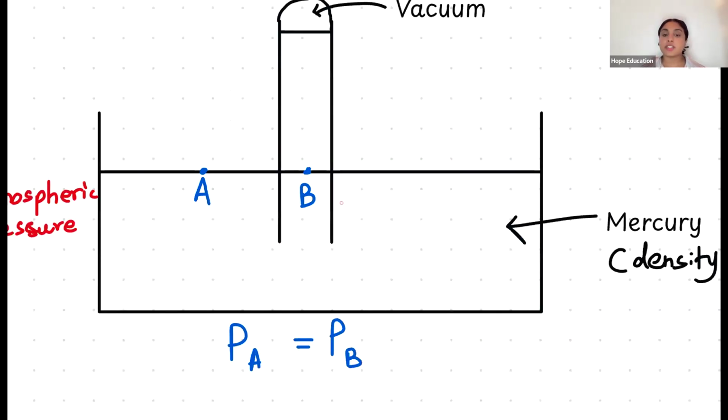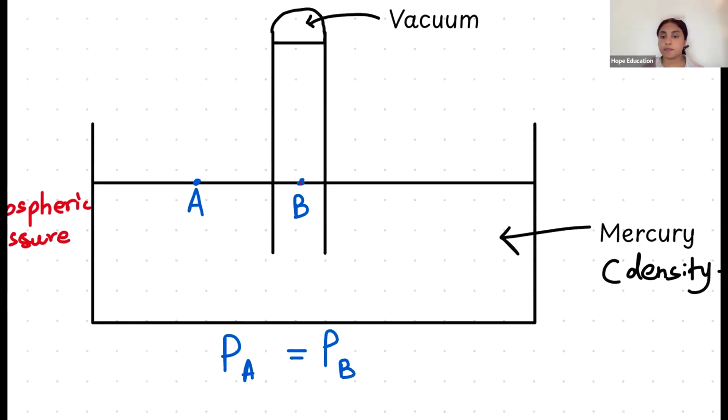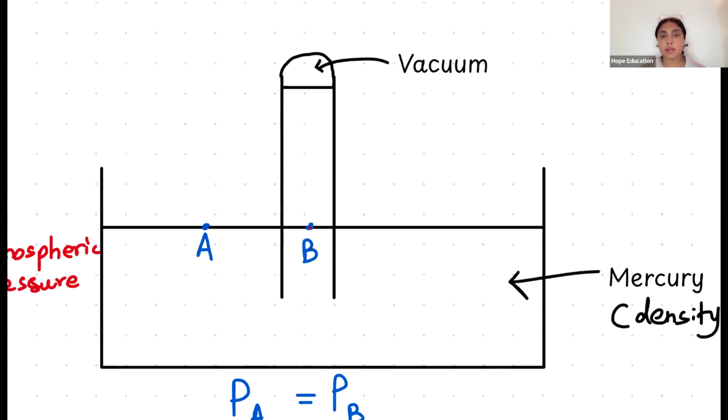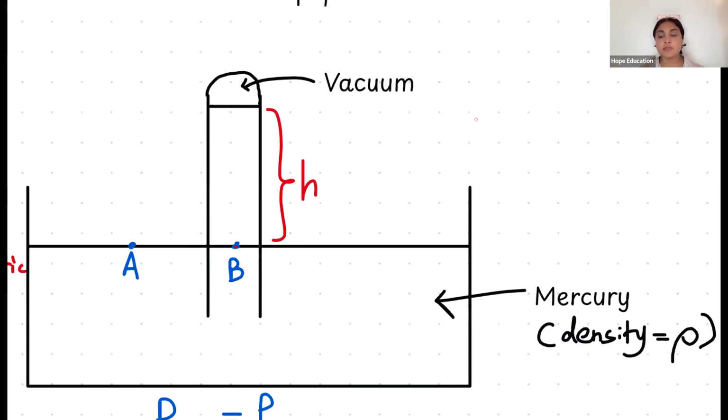What do you think about pressure at point B? If you look at point B, above it we have mercury. Let's say the height of this mercury column is H. තව මෙතන මොකද vacuum එකක්. Vacuum means there's nothing. In a vacuum එකේ pressure එක අපිට වැඩක් නැහැ. But there is mercury here.